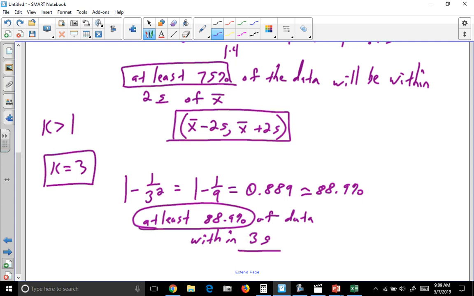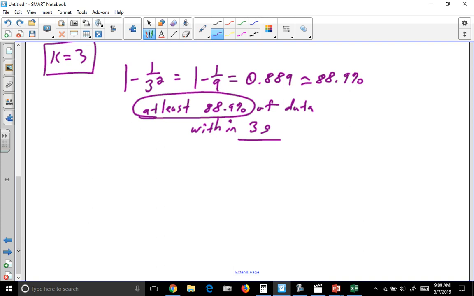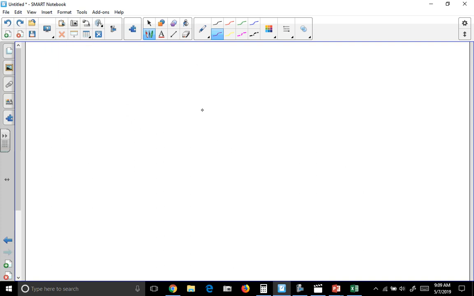So that just gives us a way of thinking about how much data is going to be close to the mean. As we get farther from the mean, how much data are we going to have left? The farther we get away from the mean, the less and less you're going to have. Think about a city. If you go to somewhere like Birmingham, inside Birmingham, you have a dense population. You have lots of buildings, lots of apartments, lots of houses.